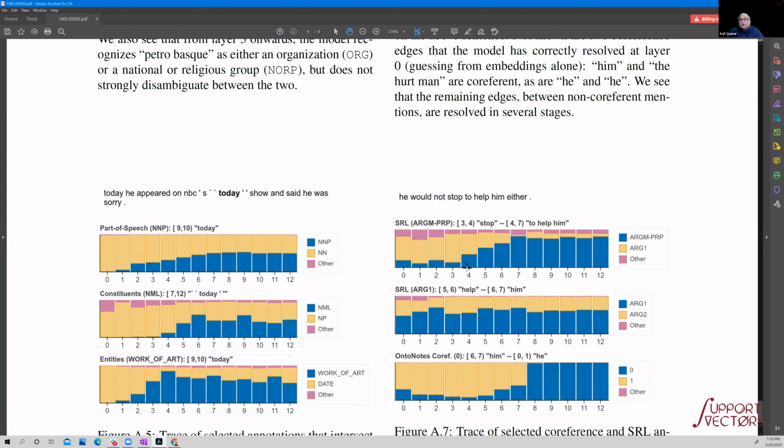We are all familiar with those intuitive concepts of parts of speech and all of that, and it seems to be doing that. But the other interesting part I found is its ability to revise the answers from the previous layers. I found that very interesting. It gives you some intuition, at least one reason, of why transformers do so well.